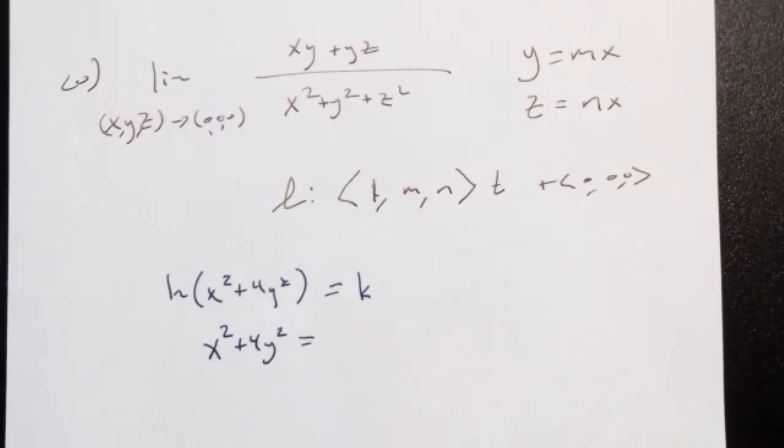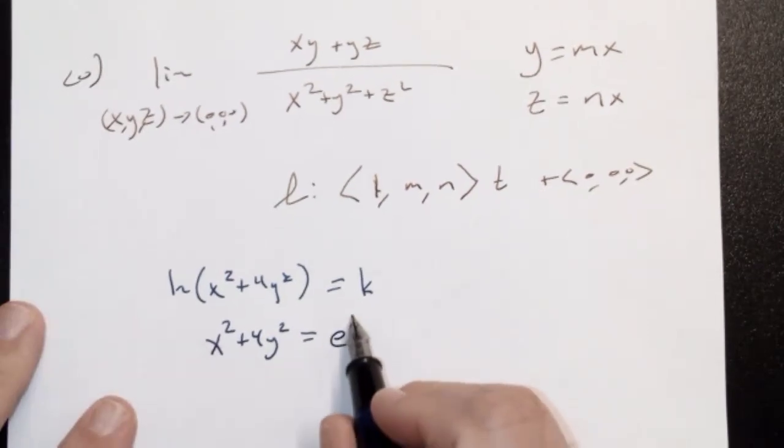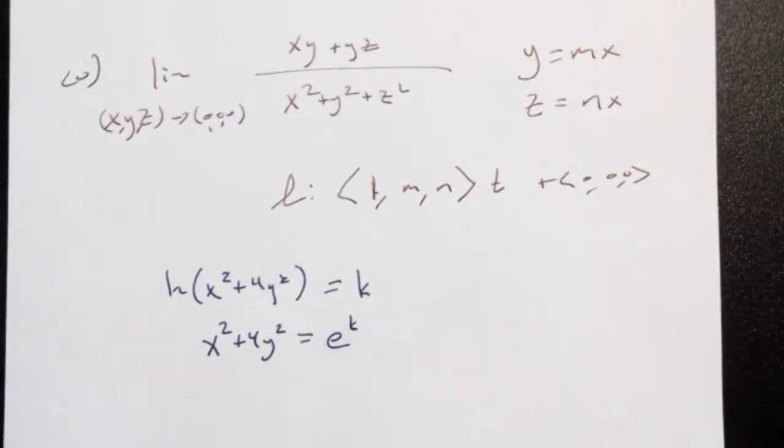In order to get rid of the ln, I use an e, right? Okay, so wait a minute. The right-hand side of this is a number, isn't it? e to the k is some number. x squared plus 4y squared equals a number. I know that shape. What shape is that? That's not a circle anymore.